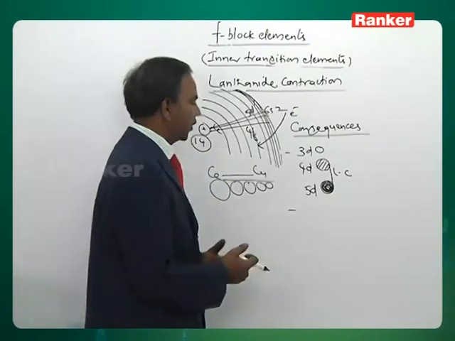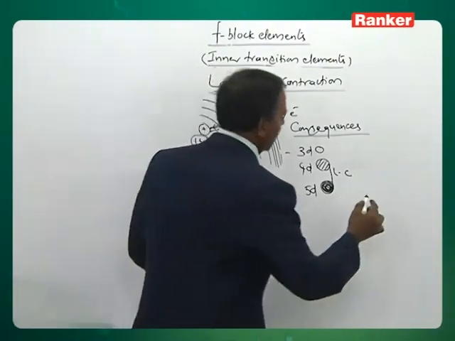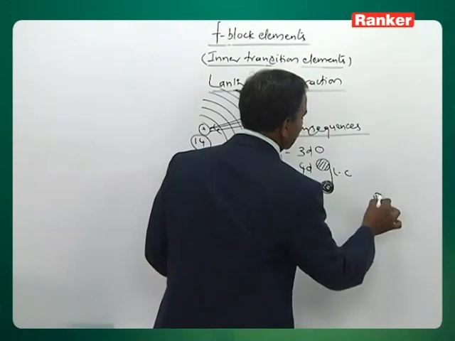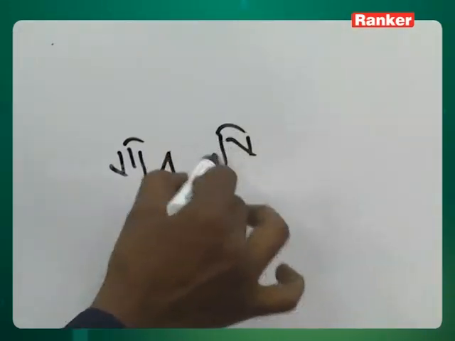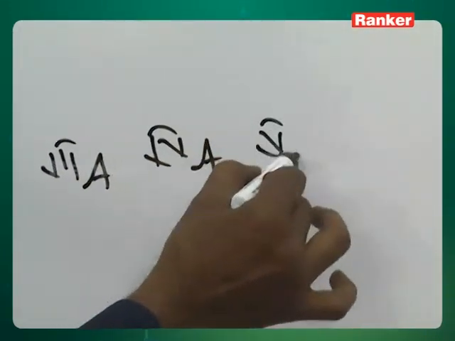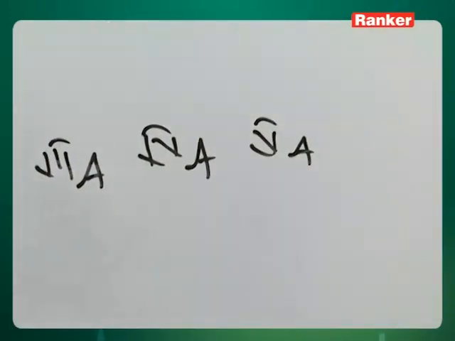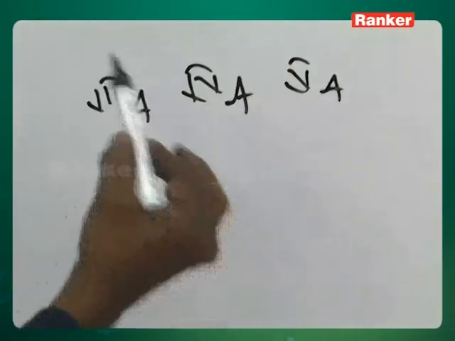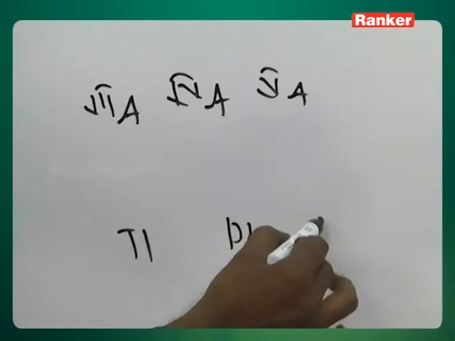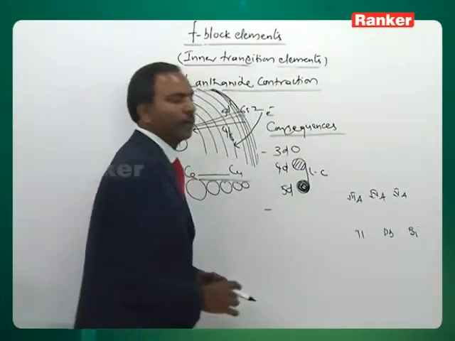Coming to the next point, you might be knowing this very well in the case of the 13th group. Consider again the 14th group, and you can also take the 15th group of elements. In the 13th group, consider thallium, lead and bismuth.